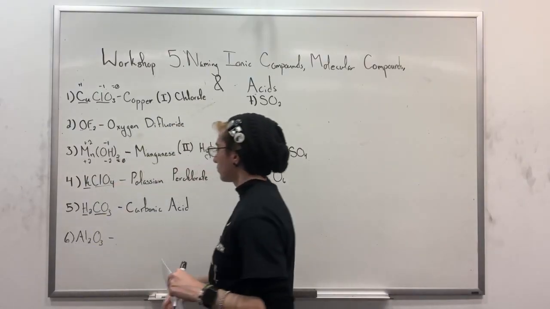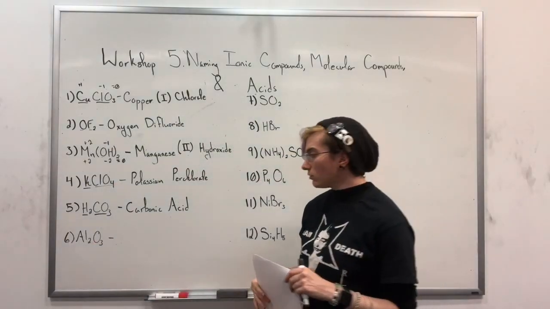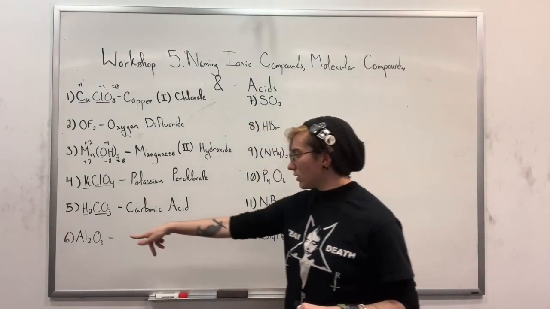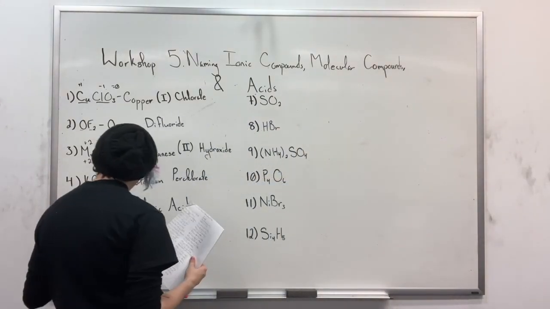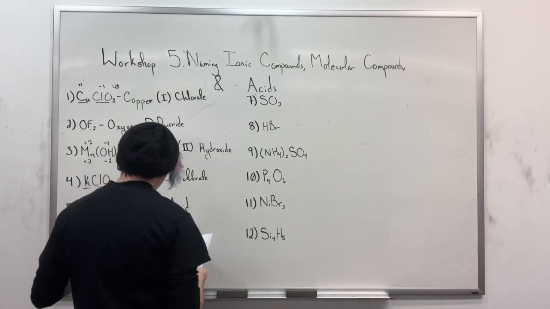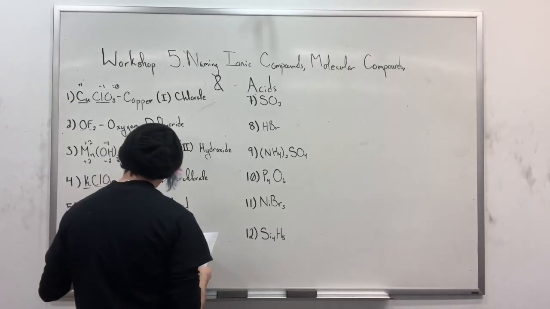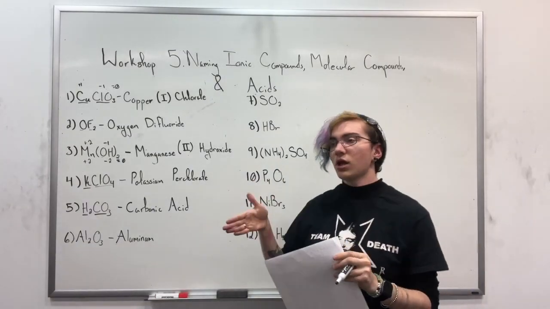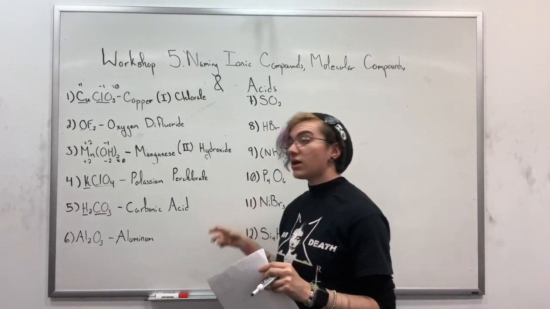Al2O3. Al is a metal, O is a non-metal, and so we have an ionic compound. Al is aluminum. And now aluminum, while not part of those first 2 columns, does have a constant charge.